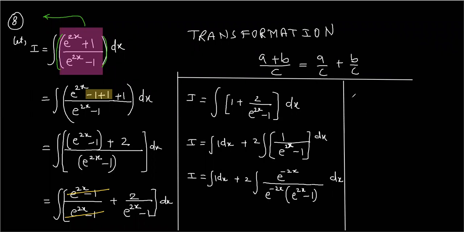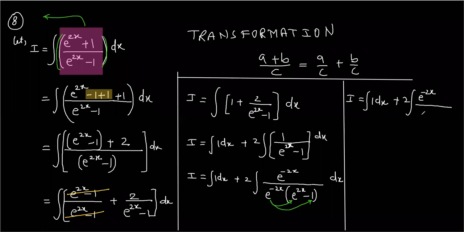Just be patient. Here, integration of 1, I will still not write, because I still do not have the integration of this. See here, this is e raised to minus 2x, and this e raised to minus 2x which you have in the denominator will get multiplied inside in these two terms. When you multiply e raised to minus 2x with e raised to 2x, you get what?